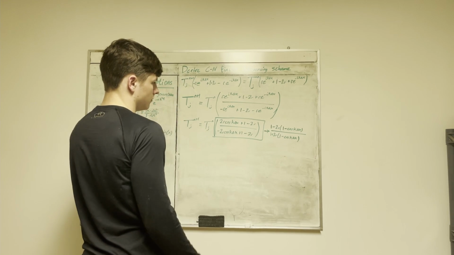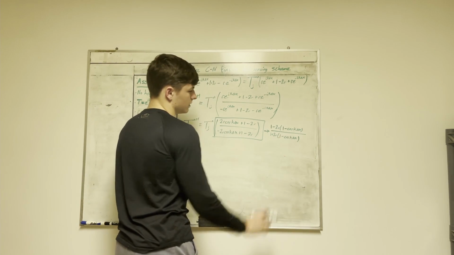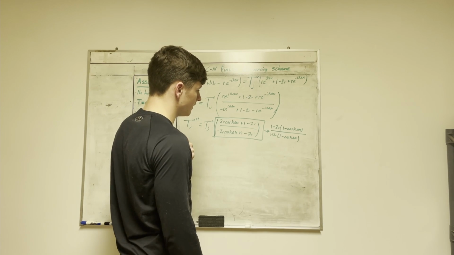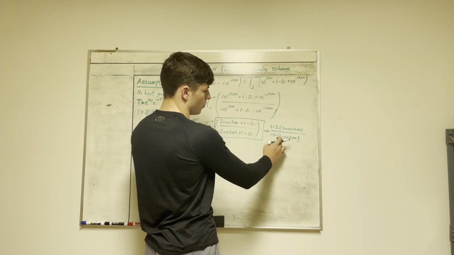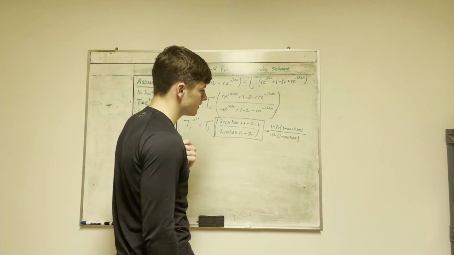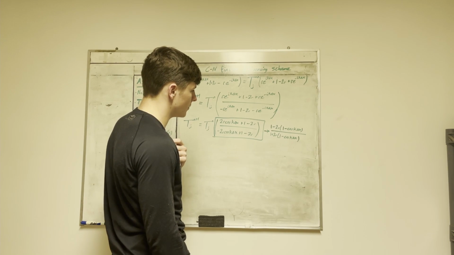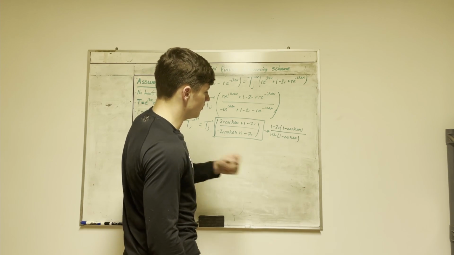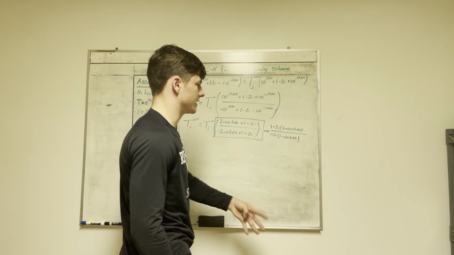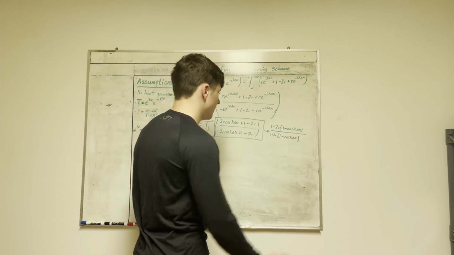Okay. So then what we can see here is that this value, 1 minus cosine k delta x, is always going to be positive because the cosine function can't exceed a value greater than 1.